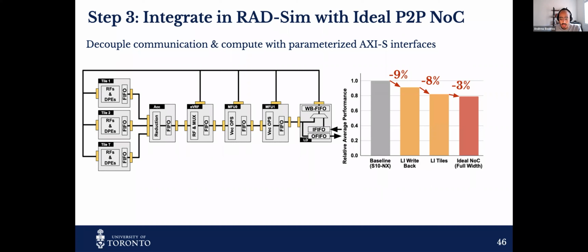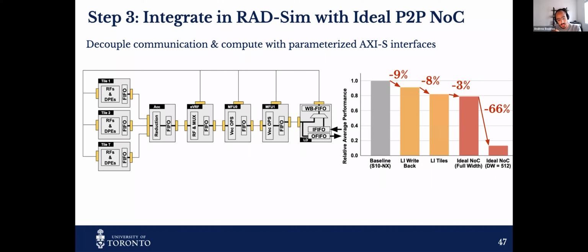interconnect. And once we do that and we give the NoC interfaces the full width that those compute modules need, it doesn't lead to a huge performance degradation. It's only 3%, and those 3% is basically the cost of adding the AXI streaming wrappers for those modules.